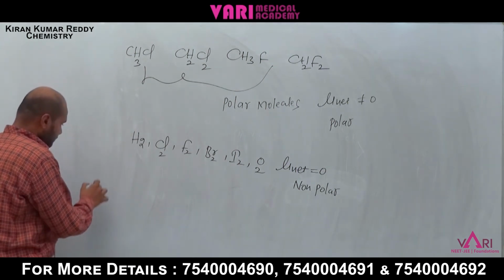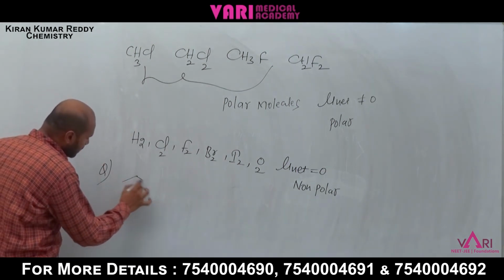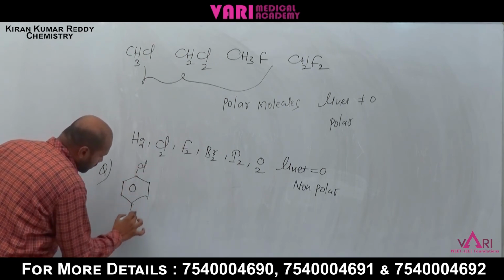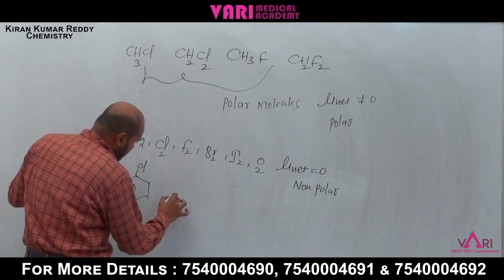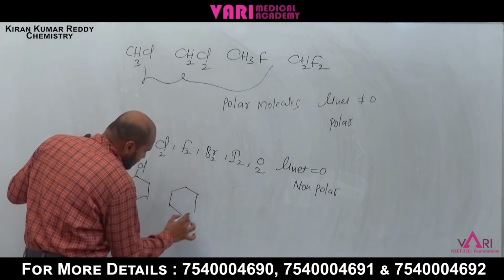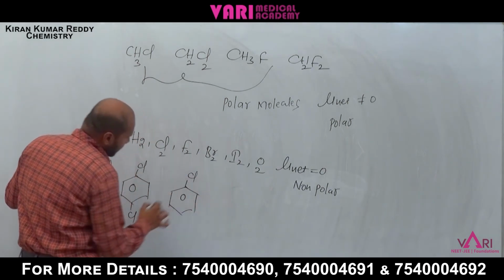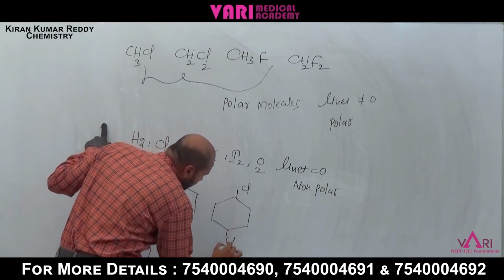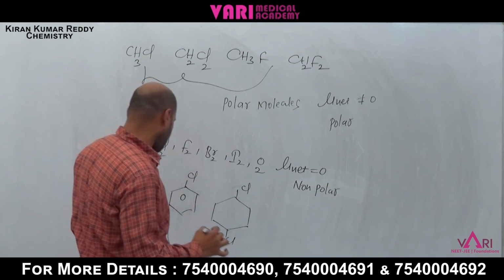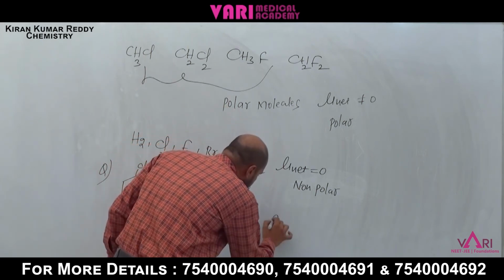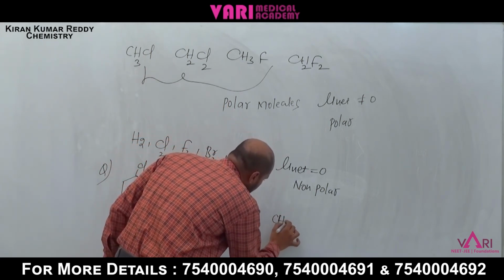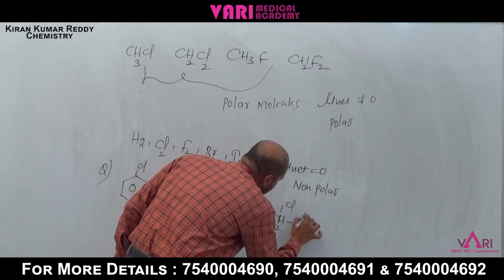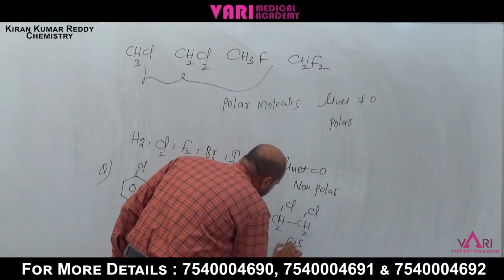Next question, if you take benzene, 1,4 dichlorobenzene, chlorobenzene, cyclohexane, 1,4 dichlorocyclohexane, and next one is CH2Cl and CH2Cl, this one is the cis compound.